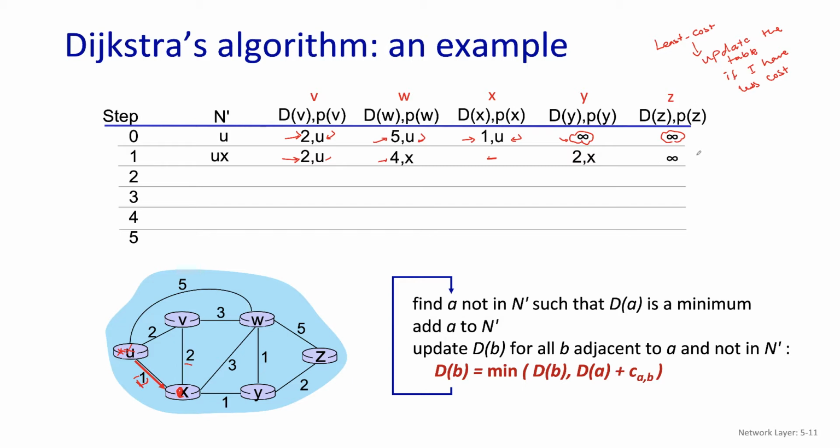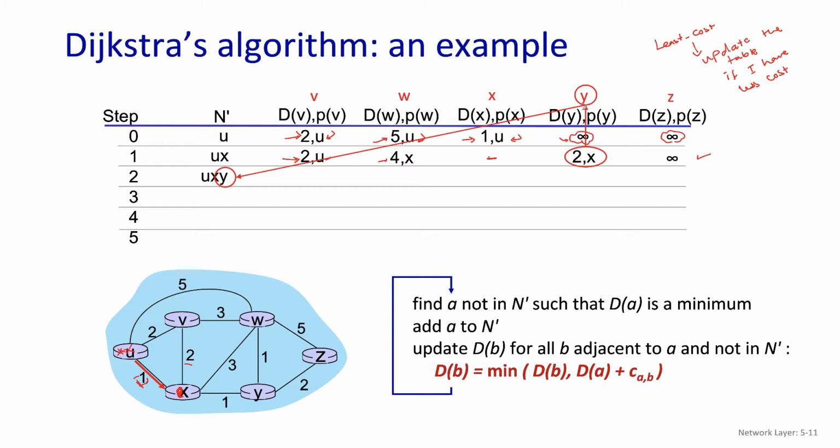Now I'm done with the second step. Now I would go with the least number, right? Which is now I can go with either Y or V, right? So at this point, I'm going to go with Y, for example.